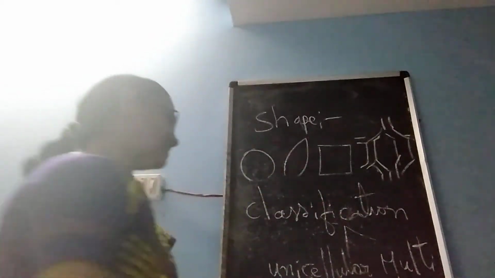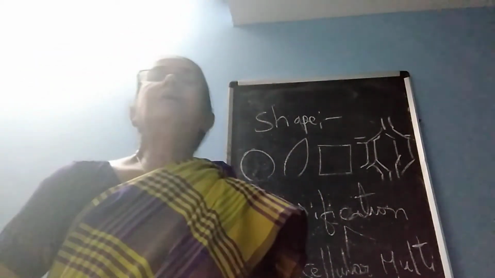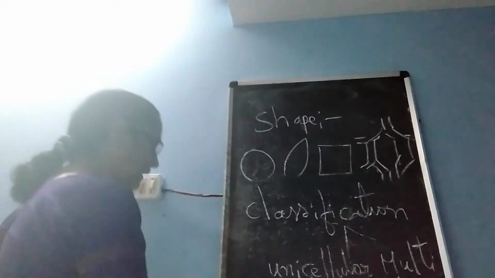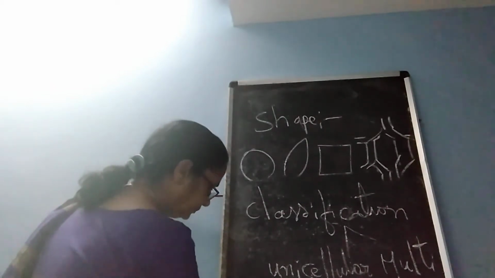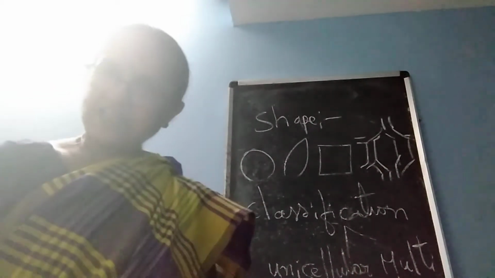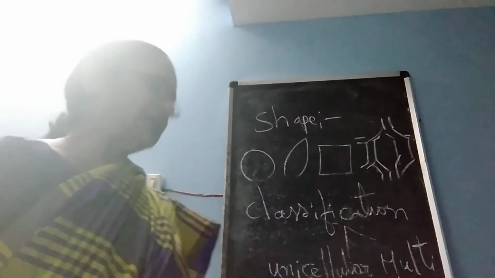What is uni? Uni means single cell. The cell of an amoeba, paramecium, etc. are unicellular organisms.